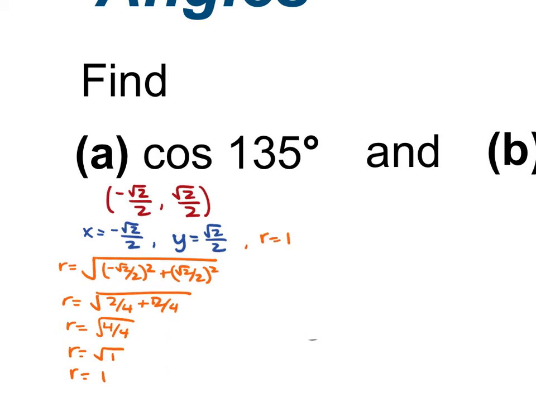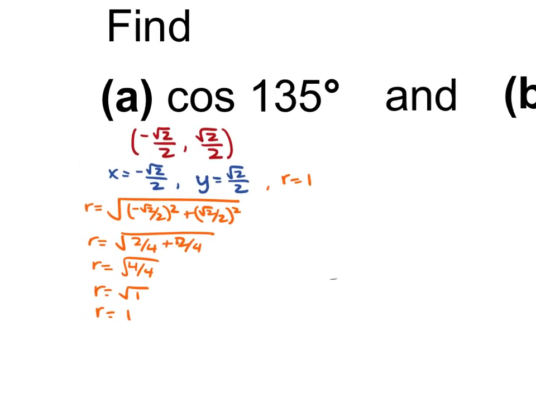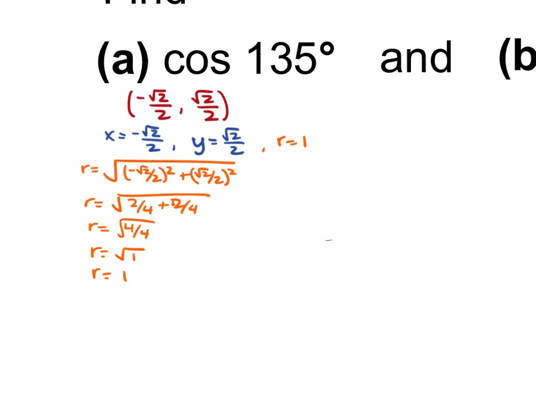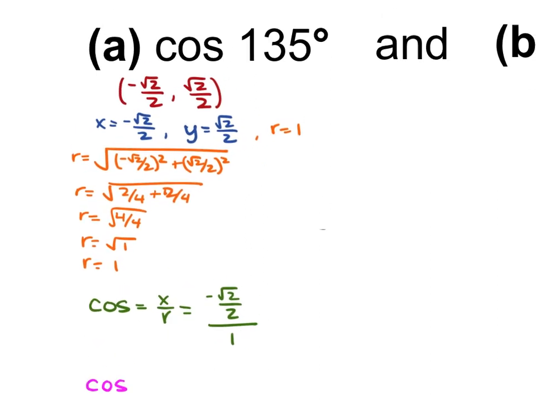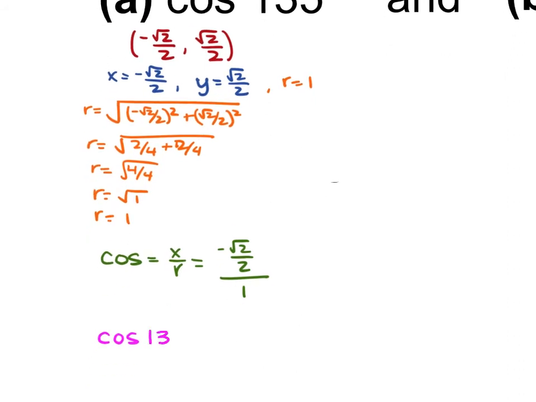If we're finding the cosine, we are going to be looking at x over r. So we said x is the negative square root 2 over 2 over r, which is 1. Anything over 1 is itself. So the cosine of 135 degrees is the negative square root 2 over 2.